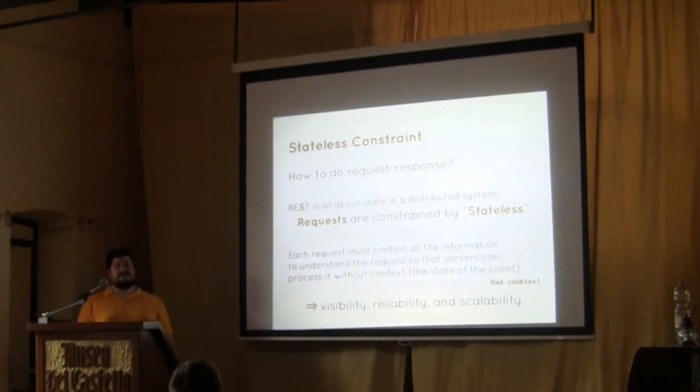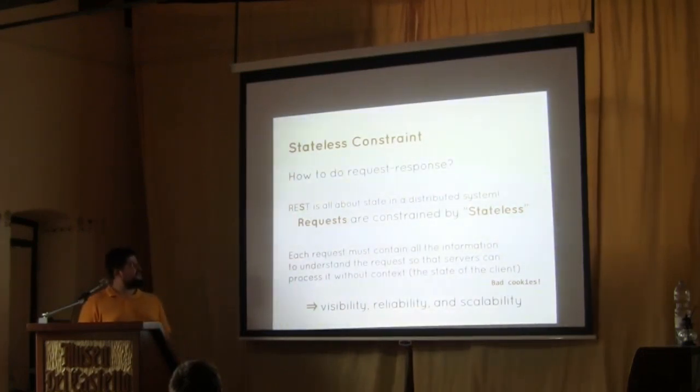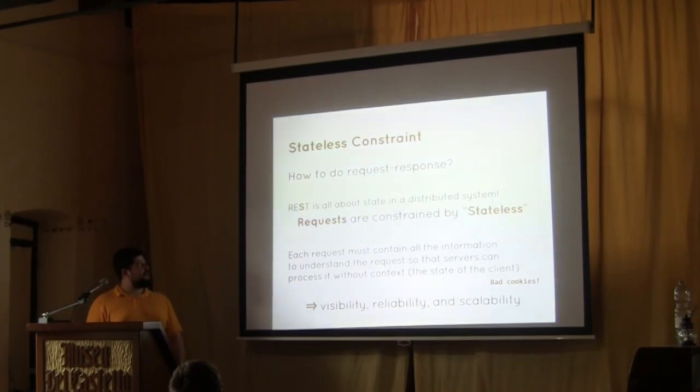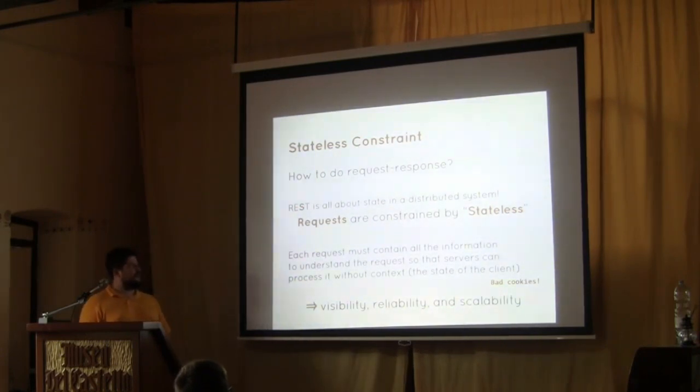The second constraint is statelessness. Okay, what's this about? It's about how we do this request-response pattern between client and server. So it's a bit confusing because REST, the S is even in there, so it's all about state that we transfer from a resource to a client basically. But how we do these requests to get it, this has to be stateless.